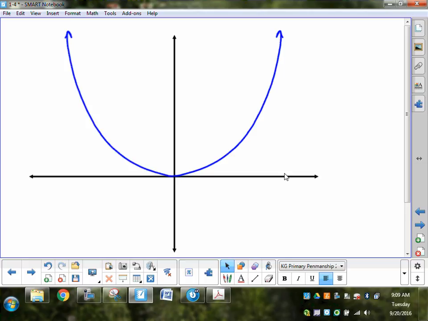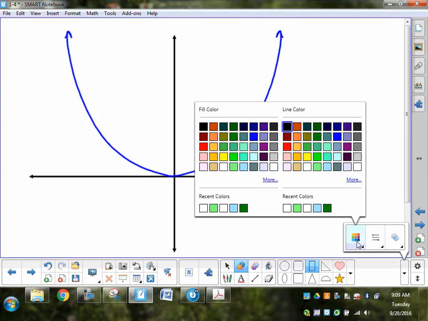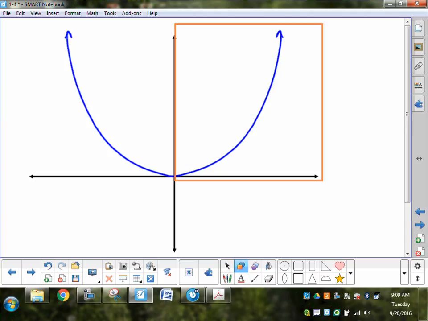From where to where can I look at this graph and have that piece of the graph be one-to-one? One possible answer is from 0 out to positive infinity, which would be this window here.